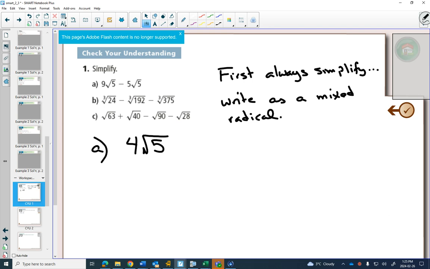So in the first example, they were already mixed radicals, and we could say a mixed radical in lowest terms, root 5 is the smallest family that you could get there. But in the second one, where we have cube roots, these are written as entire radicals. So our job is step 1, we have to simplify and write it as mixed radicals.